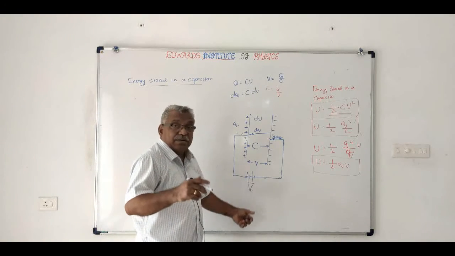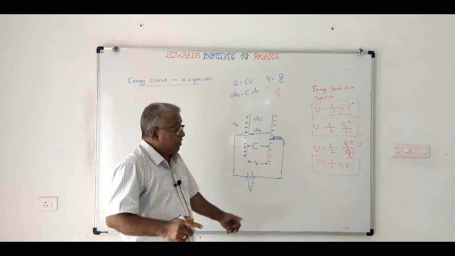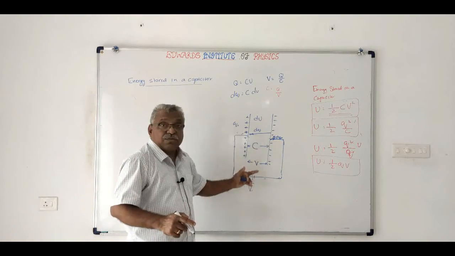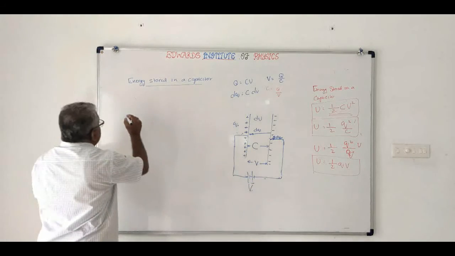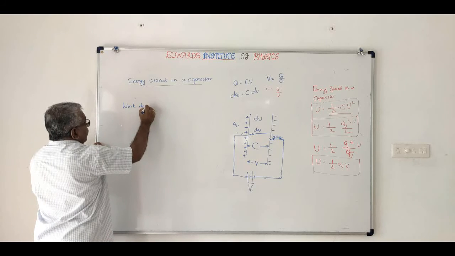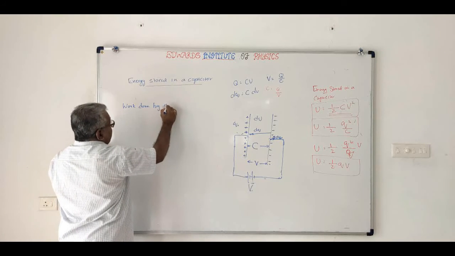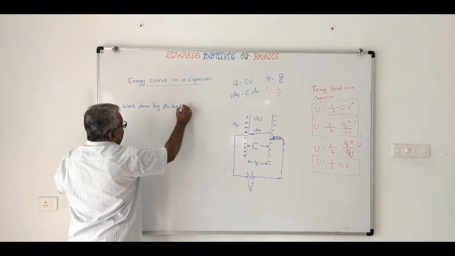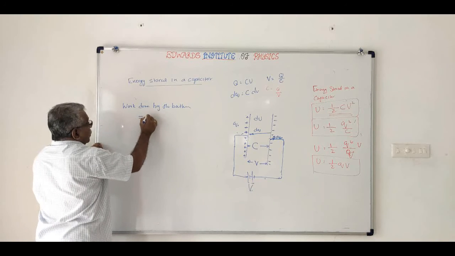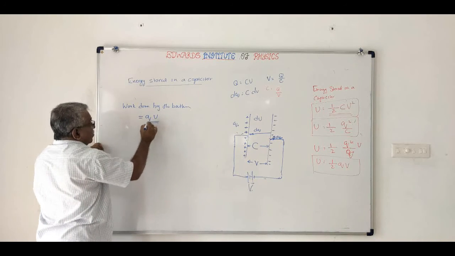It is the work done in bringing unit charge. It has brought Q charges from here to here. So what will be the work done by the battery? It will be equal to Q into V.